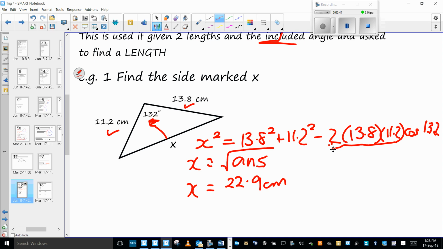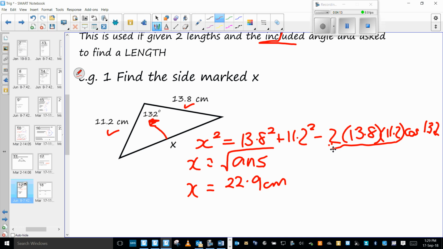You've got a 13.8 and then 11.2, and there's quite a wide angle, so it tells you that this line is going to be quite long in comparison, so that looks about right. If you forgot to square root, you would have had an answer of 500 and something. You should be saying to yourself, oh, that's not right. So always make sure that you are looking to see if your answer makes sense.